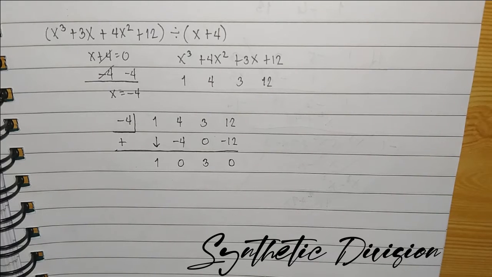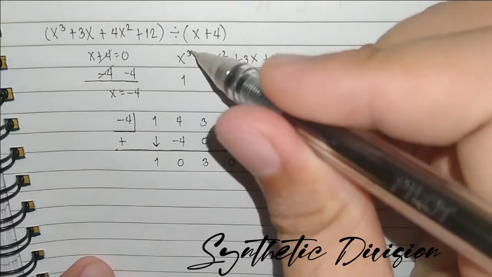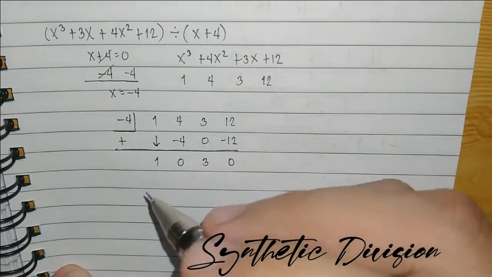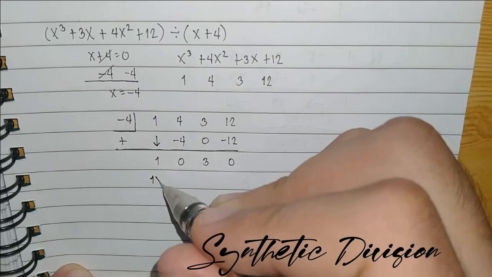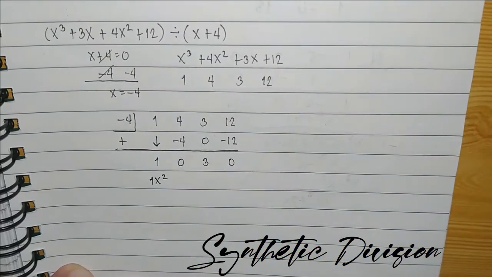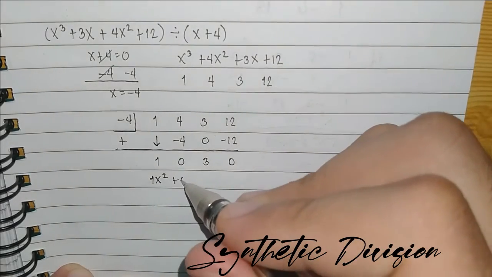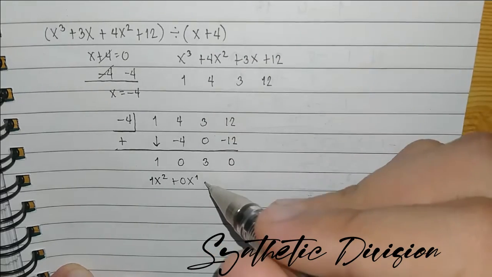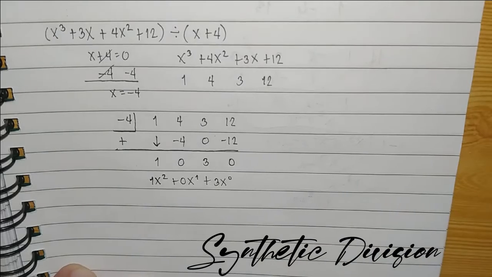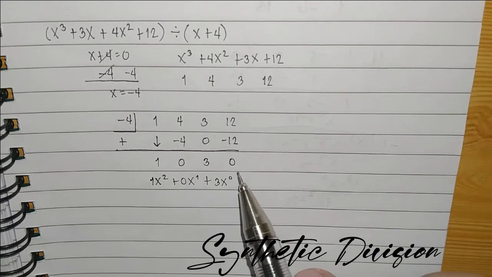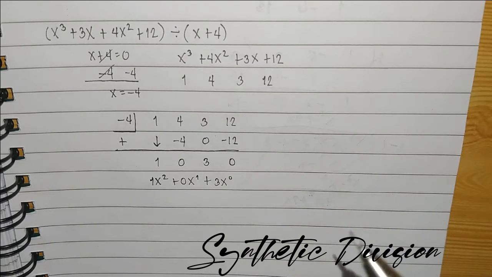So ngayon, paano natin susulat ito? Meron siyang 0. So nag-start tayo sa x cube. So ibig sabihin, yung ating unang term dito ay magiging, let's say, 1x squared. Okay? Plus 0x to the first power plus 3x raised to 0. Okay? Since our last term is 0, ibig sabihin wala siyang remainder.